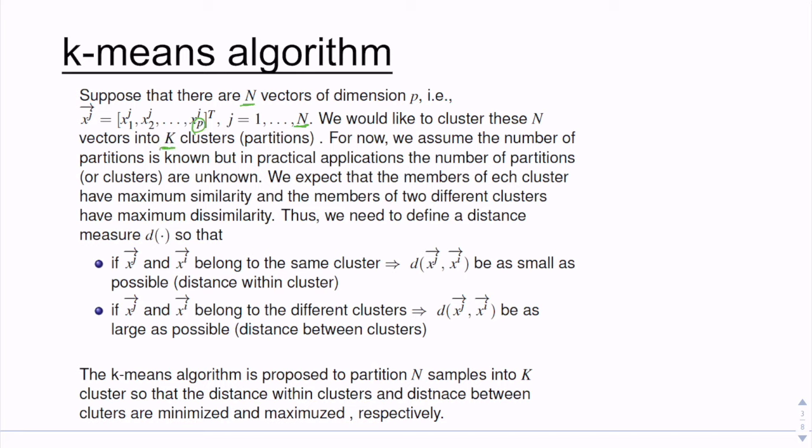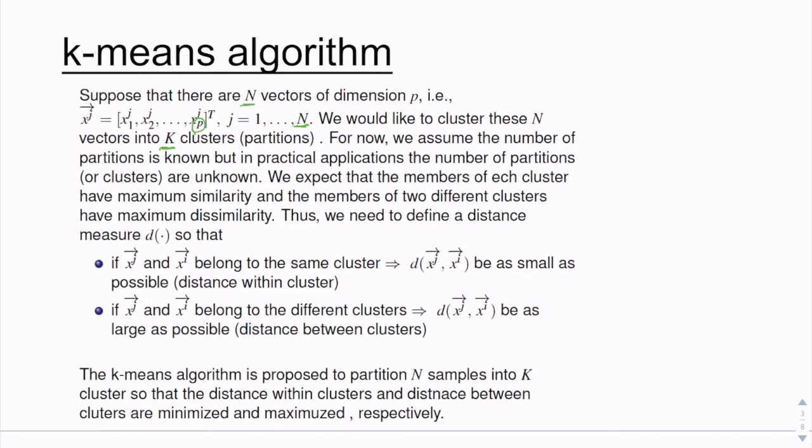Then when you want to partition the data, when you want to cluster the data, we should have a similarity measure or a distance measure. This is key in clustering. When we are comparing two samples, do they belong to the same cluster or not? Therefore we need to devise a similarity measure and also a distance measure.